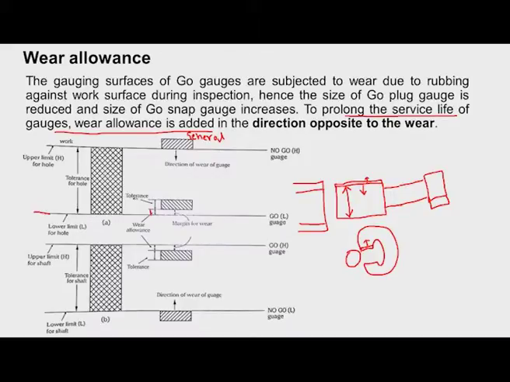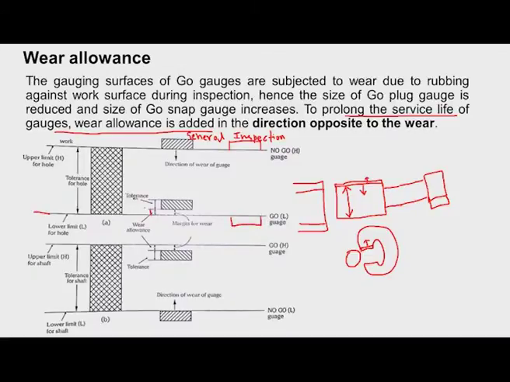The gauge tolerance is provided inside the work tolerance, and hence the wear allowance is also provided inside this, consuming some portion of the work tolerance, and the tolerance on no go gauge is outside the work tolerance, whereas in the case of the inspection gauges, the gauge tolerance is provided outside the work tolerance like this.